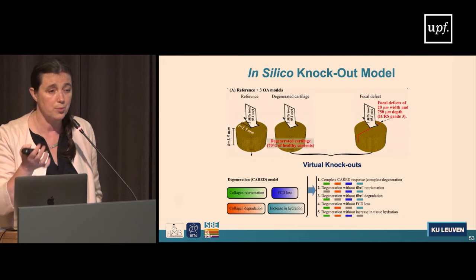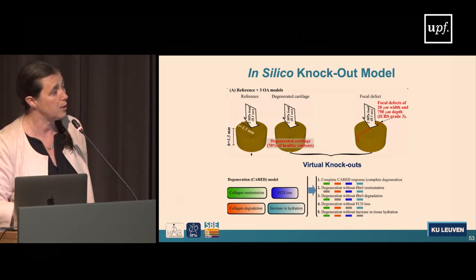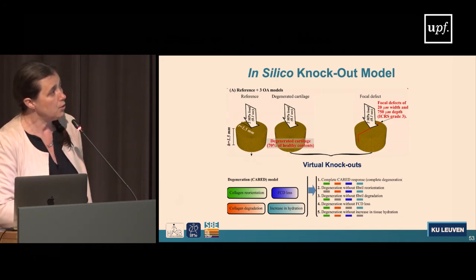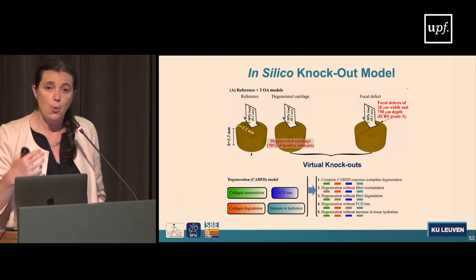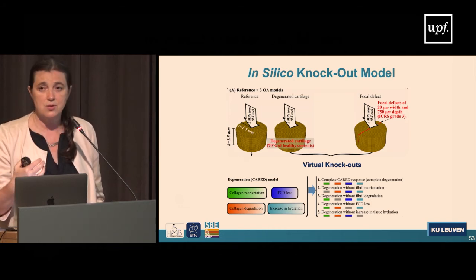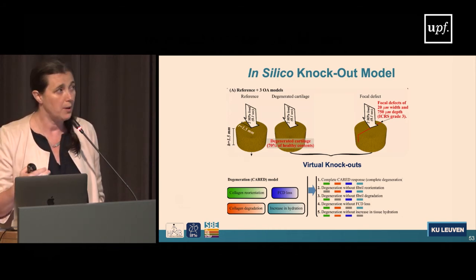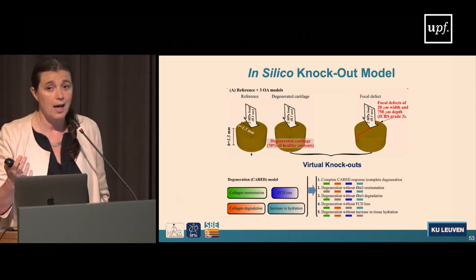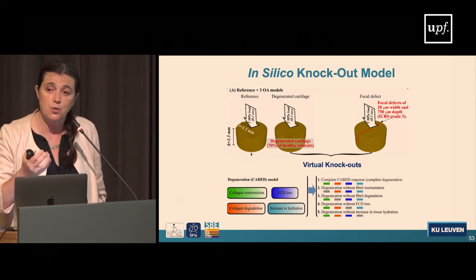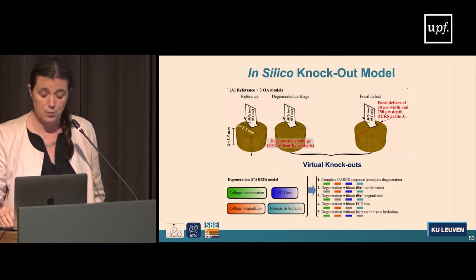So we loaded both these cartilage plugs, and we looked at what happened in terms of degradation when we allowed, for instance, the collagen fibers to degrade, or to reorient, but did not allow the proteoglycan depletion in order to untangle the processes.